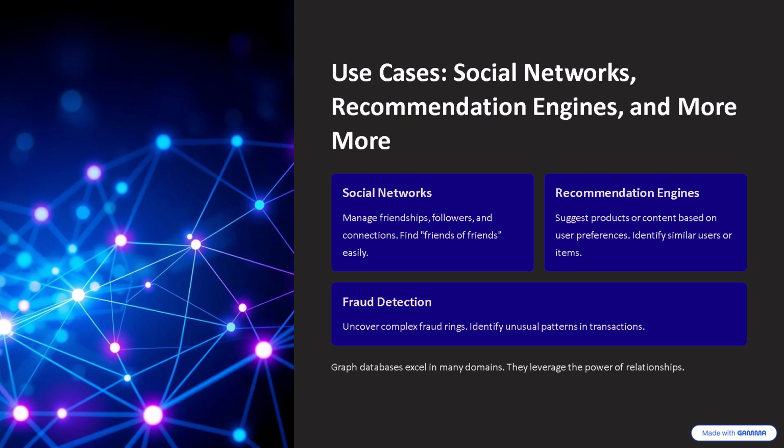Second one is recommendation engine. Suggest products or content based on user preferences. Identify similar users or items. Third one is fraud detection. Uncover complex fraud rings. Identify unusual patterns in transactions, fraud calls, spam calls, etc. Graph databases excel in many domains. They leverage the power of relationships.